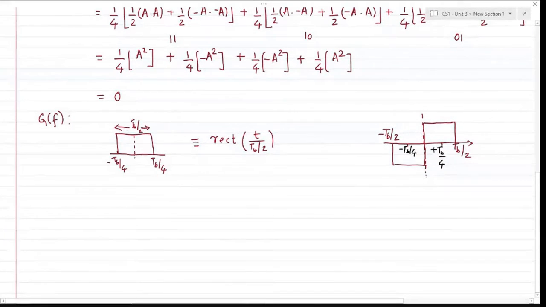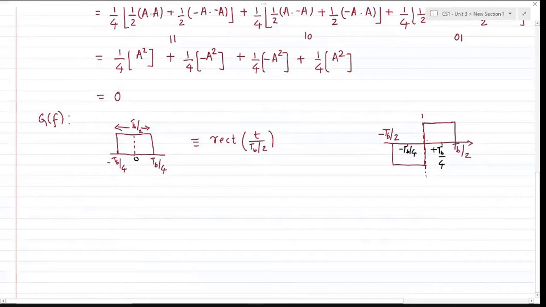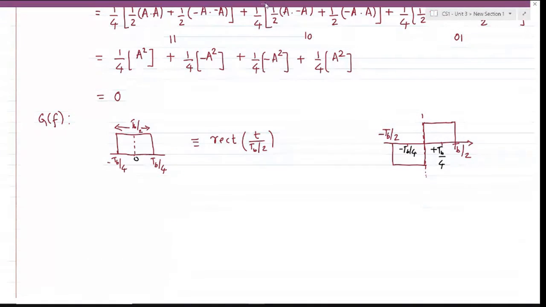It's the same pulse at t equal to 0, but shifted left by minus tb by 4 plus shifted right by plus tb by 4. It's a combination of two such rectangular pulses, one shifted left and the other shifted right.